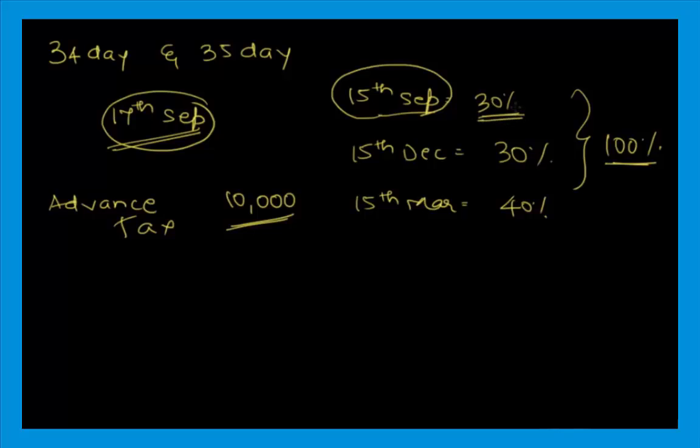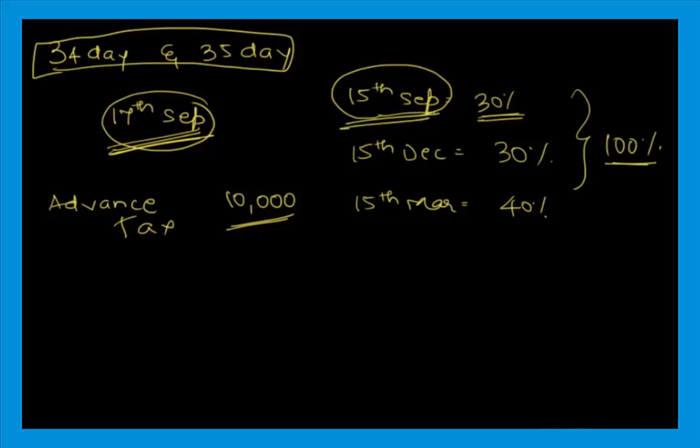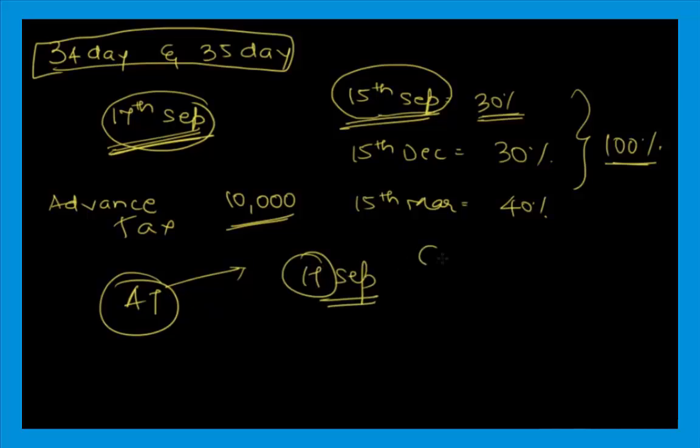Which means that if this security matures on the 17th of September, it will take care of the liquidity shortage that the bank has due to paying advance tax on the 15th of September. So on the 15th of September, advance tax will be paid by banks, hence they will be short of liquidity. And on the 17th of September, the cash management bills will mature, giving them the required liquidity.